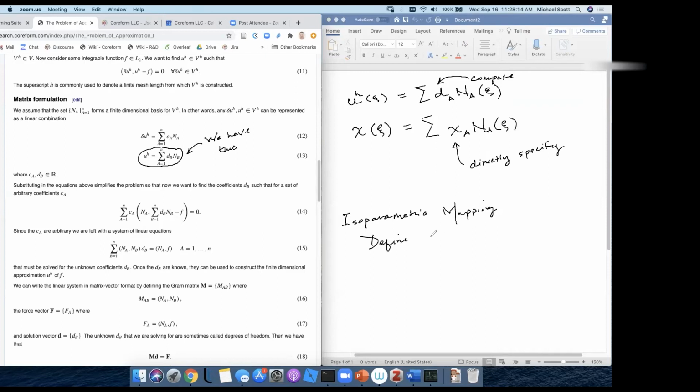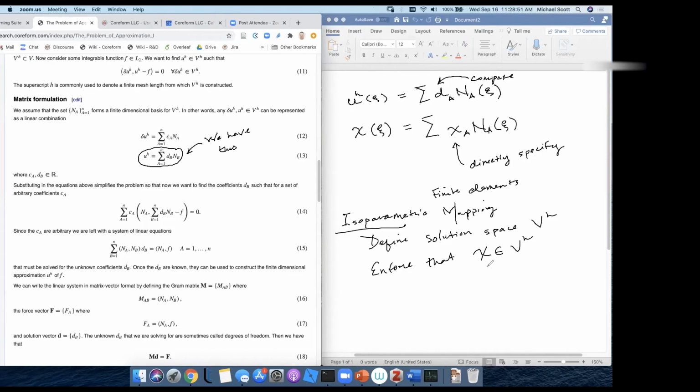It means define the solution space V_h, and then what you do is you enforce that x is in V_h. That's basically what an isoparametric, and this is also called isoparametric finite elements. I'm sure some of you have heard that term before, but that's what it means.